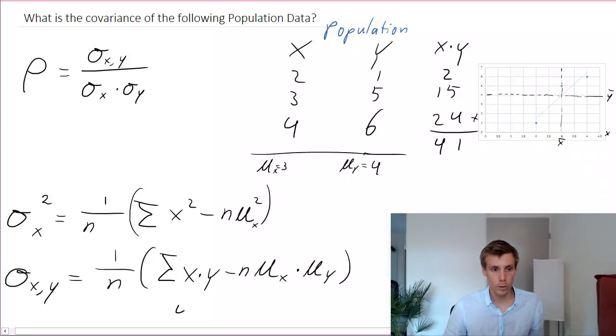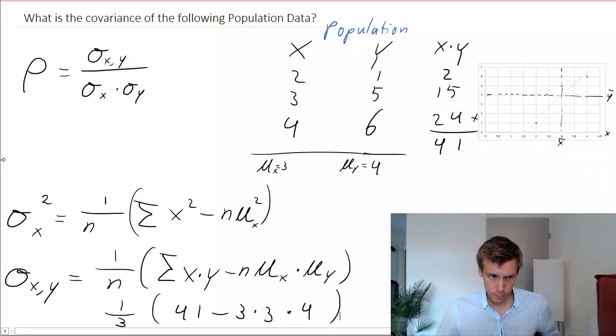So this piece will be 41. 1 divided by n will be 3 couples, so 1 divided by 3. Minus n, which would be 3, times the average of 2, 3 and 4, which is 3, and the average of 1, 5 and 6, which is 4.